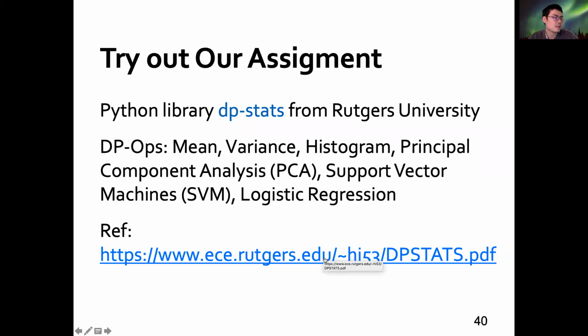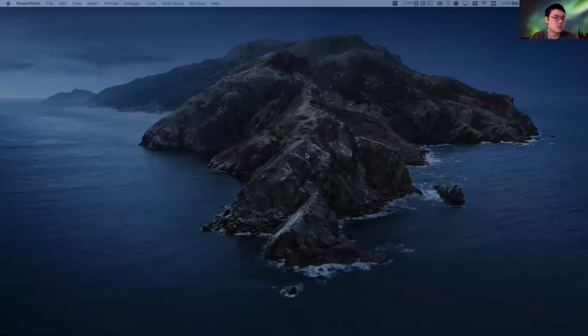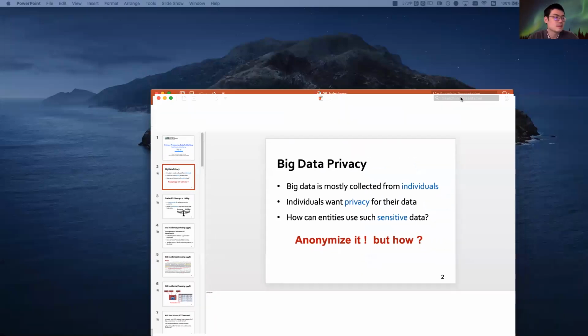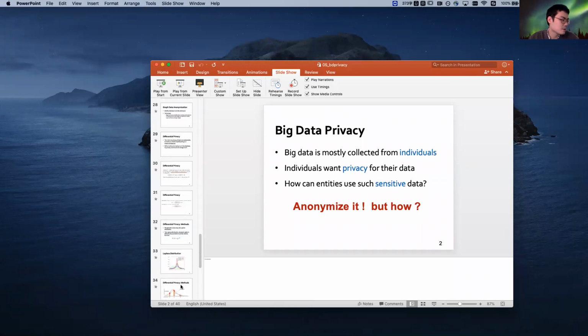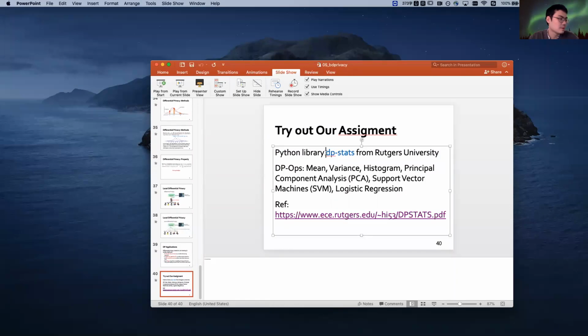These can all mine data but protect your differential privacy. Somehow this link is no longer there, I searched for it, but I think you can just Google the package name, DP statistics, and find it.